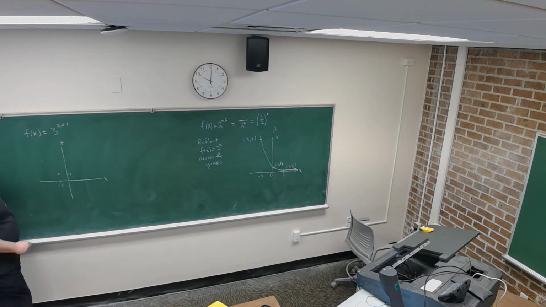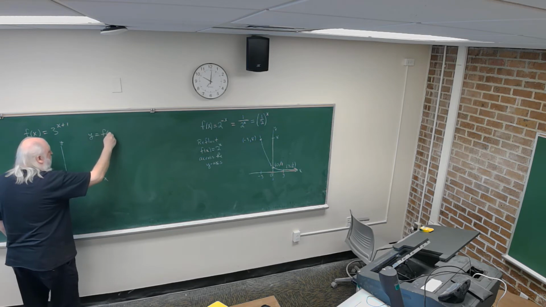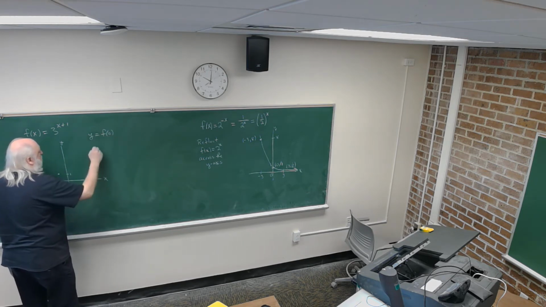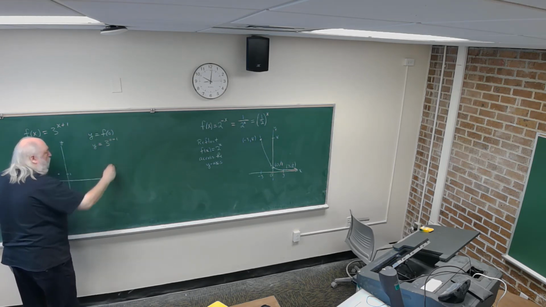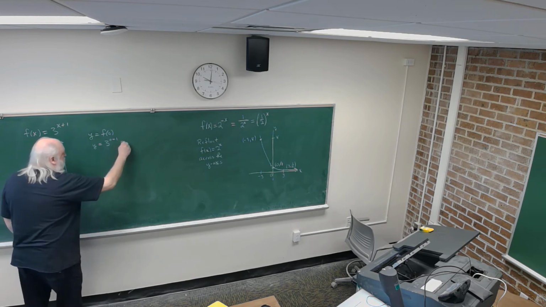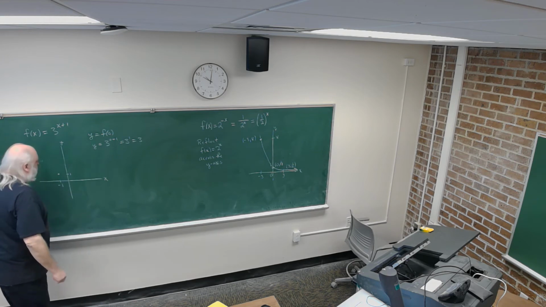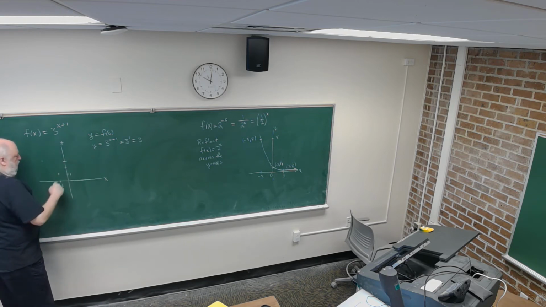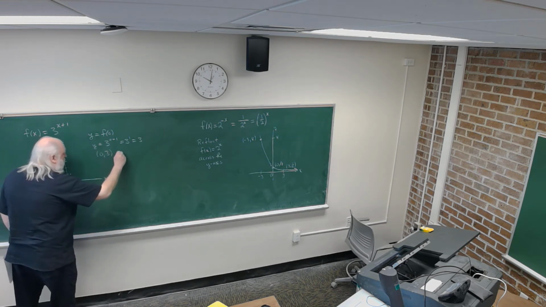Remember, the y-intercept is equal to f of 0, and f of 0 in this case is 3 to the 0 plus 1 power, which is equal to 3 to the first power, which is just 3. So the y-intercept now is y equals 3. This graph crosses the y-axis at y equals 3. So 0, 3 is the y-intercept.